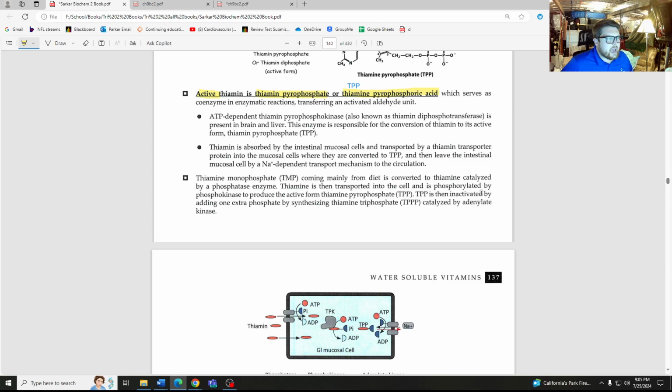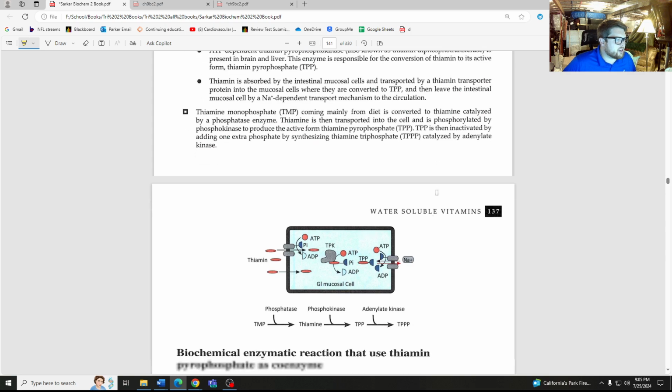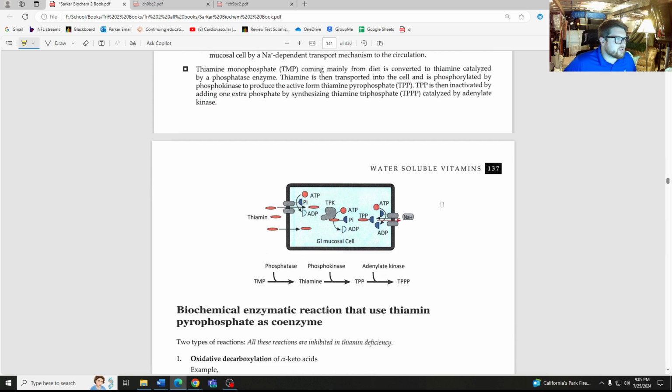TPP is then inactivated by adding one extra phosphate, synthesizing thiamine triphosphate, which is catalyzed by an adenylate kinase. A lot of extra information there.